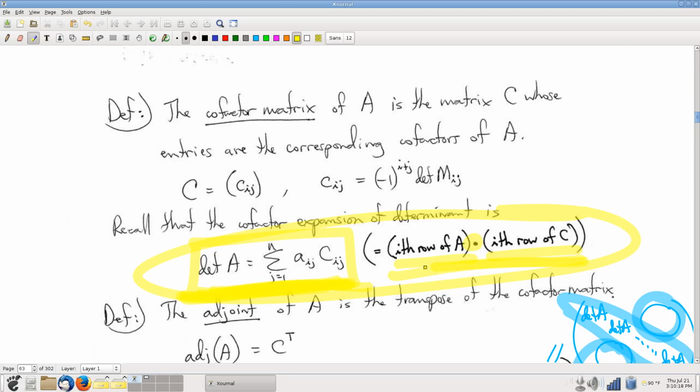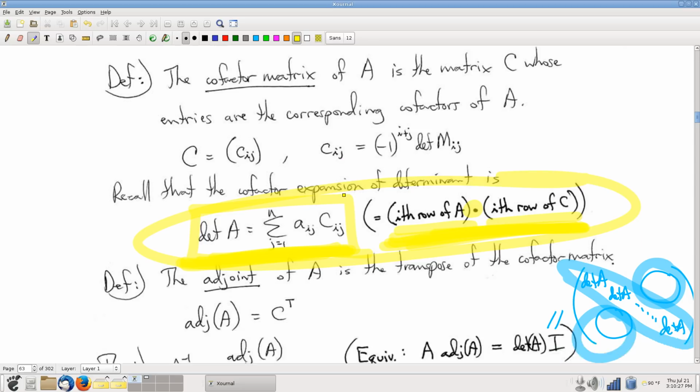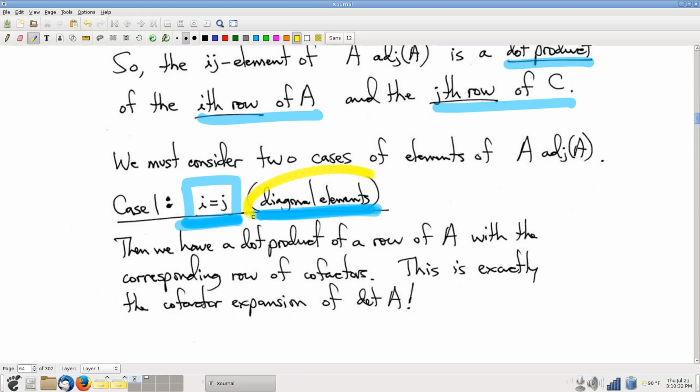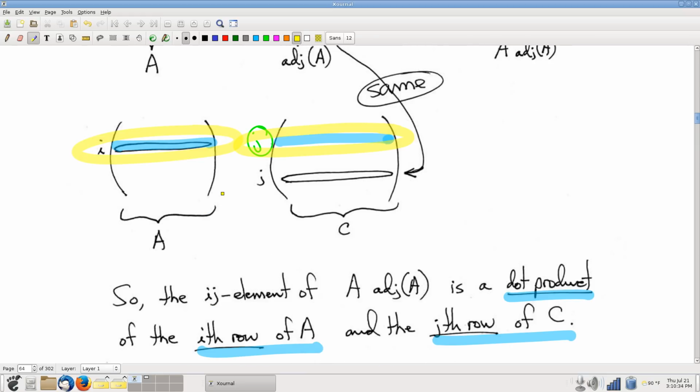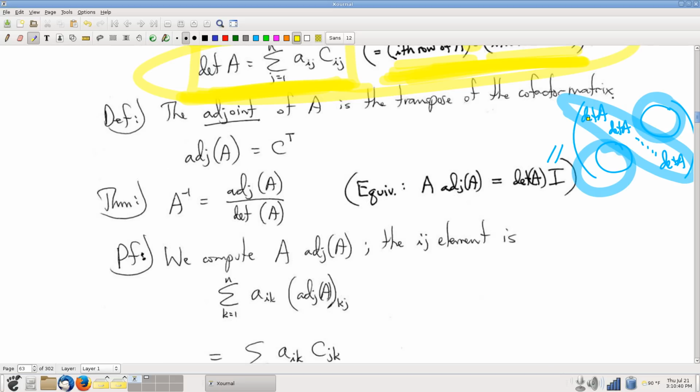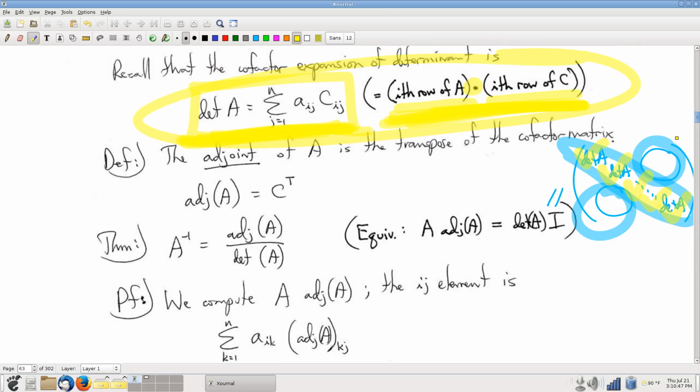Thinking of it as this dot product, coming up with this cofactor matrix so that we can think of determinant as that dot product, allows us to determine that on the diagonal, what we get is exactly the determinant of A. As required, what we were hoping for, we get determinant of A for all those diagonal entries because of that formula right there.